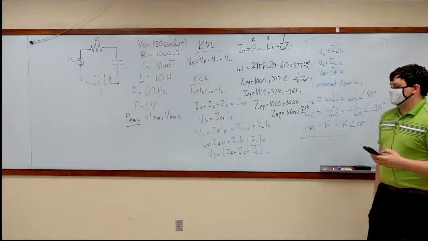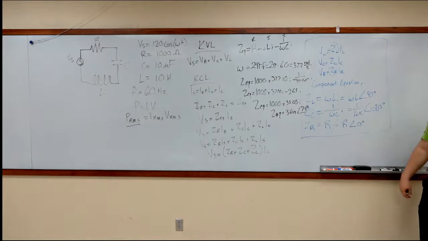So 36.44 at an angle of 74 degrees, and that's our complex impedance.